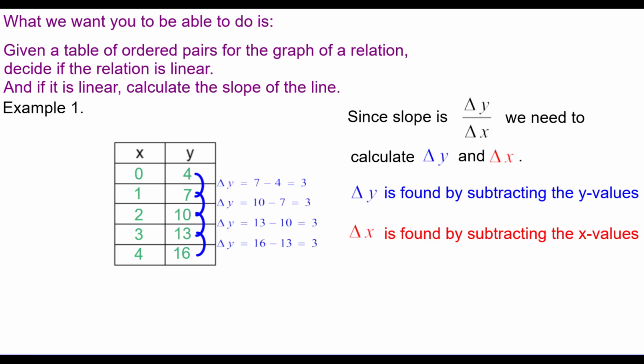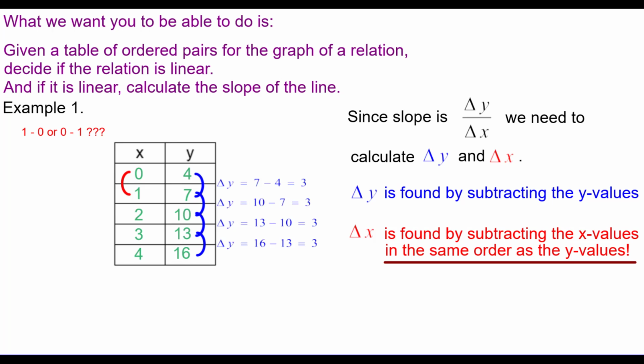The change in x is found by subtracting the x values in the same order as I did the y values. So would I subtract 1 minus 0 or 0 minus 1? The answer is 1 minus 0 is the change in x because we went bottom to top. So calculating the other change in x's, in each case the change in x is 1.